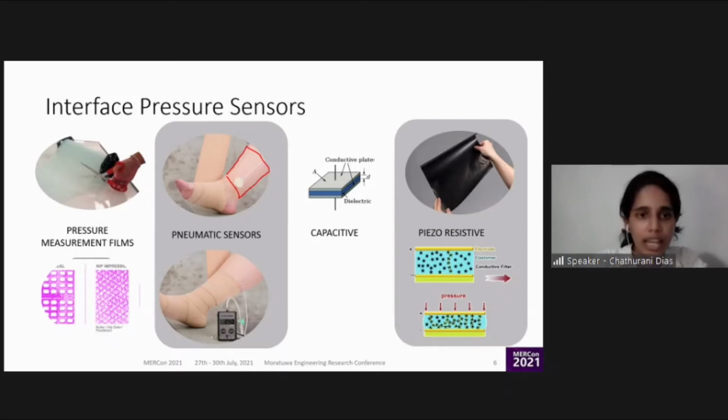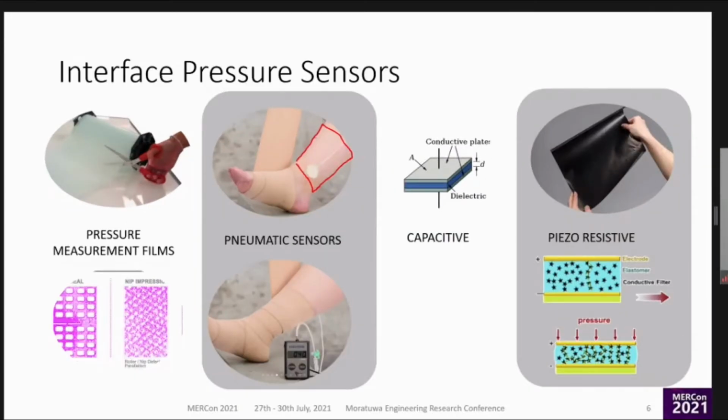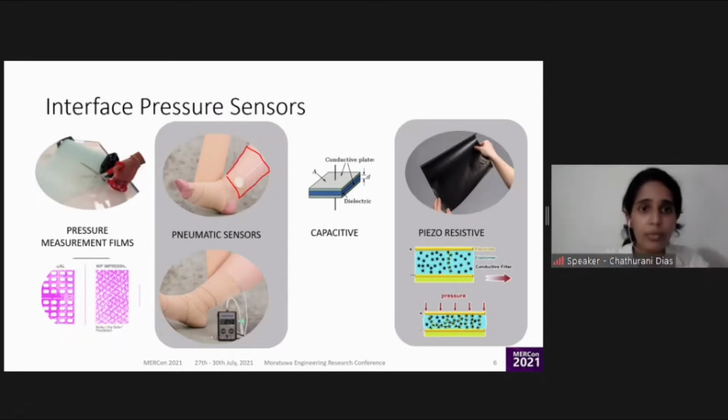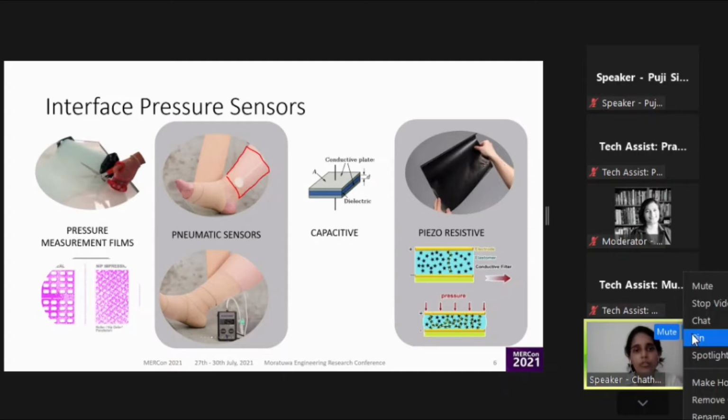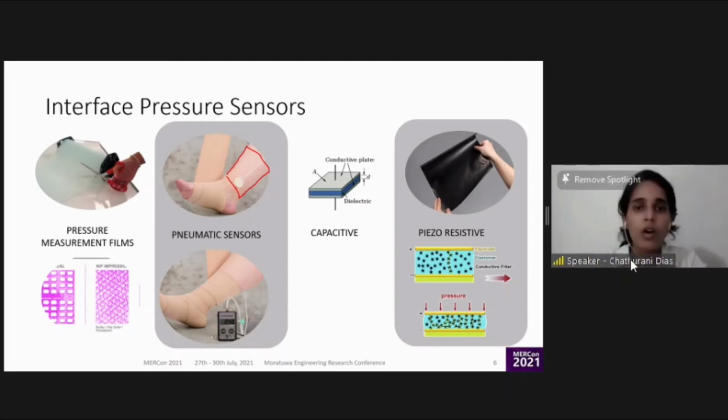But the challenge is that it would be difficult for us to cover a whole area with pneumatic sensors and try to map the area. The pneumatic sensors would cost too much. So when it comes to measuring the pressure of an area, we usually go for either capacitive sensors or piezoresistive sensors.